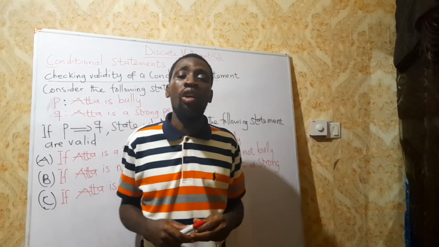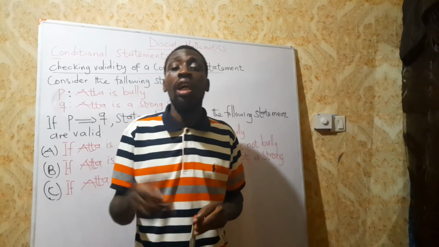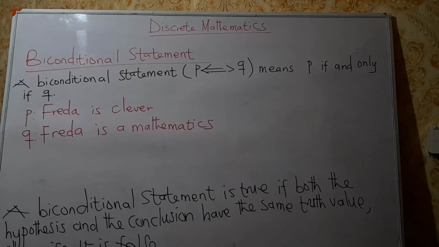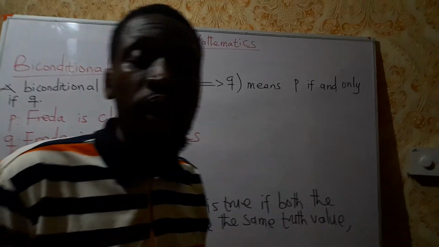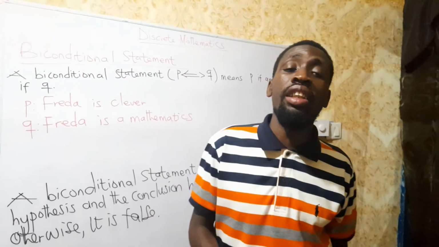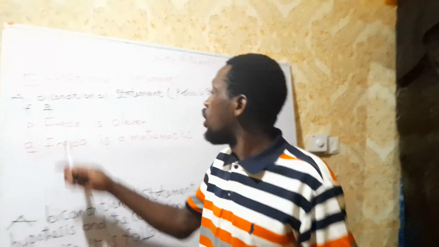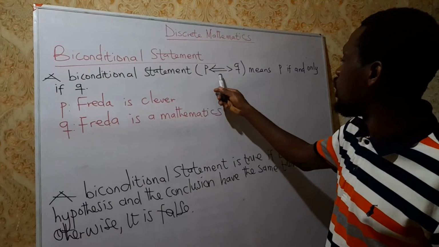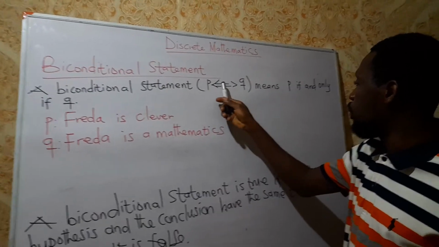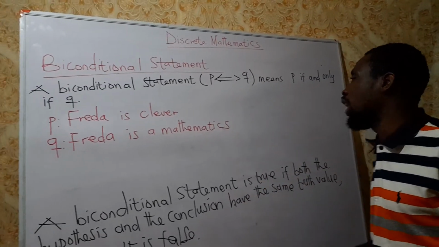The next thing we are going to do is look at biconditional statements. Which statement do we say is a biconditional statement? This is how we usually write it: P implies Q and vice versa.